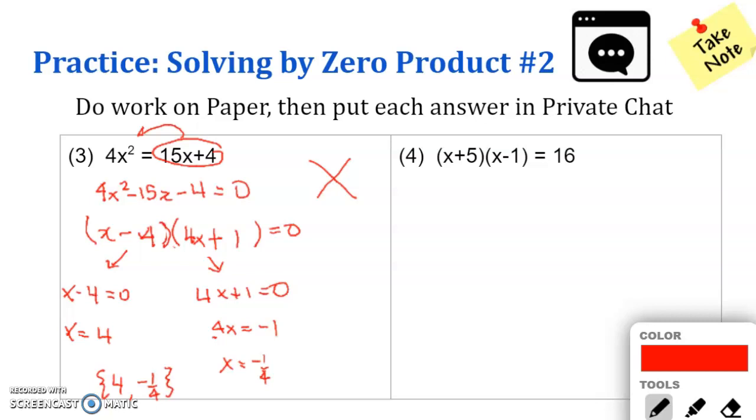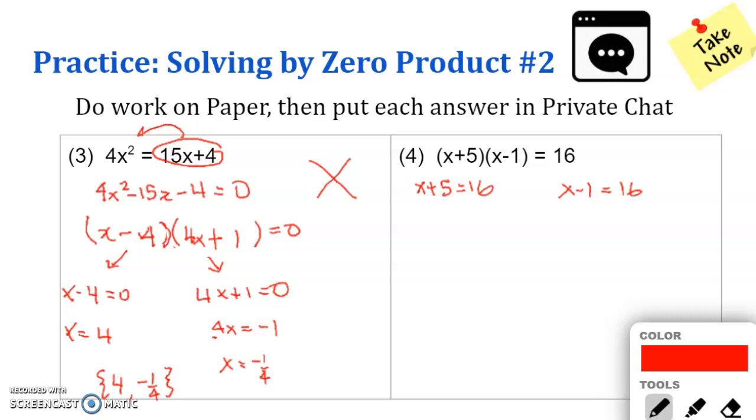Okay, the most common mistake when you're solving this equation is for students to say x plus 5 is equal to 16 and x minus 1 is equal to 16. Okay, the reason you cannot do this is, just think about it.